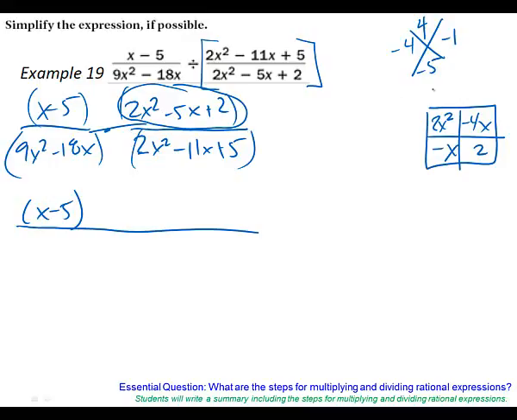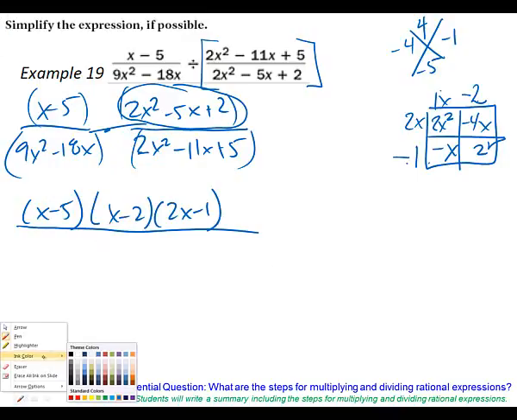All right, what times what is 2? Okay, where does the 2 have to go, the top or the side? Good, because it divides into the 4, whereas the 1 doesn't, or it doesn't divide into the negative 1. All right, 2x divides negative 4 how many times? Negative 2. 1 divides negative x how many times? Check it. Negative 1 times negative 2 is? 2. So we've got x minus 2 times 2x minus 1.